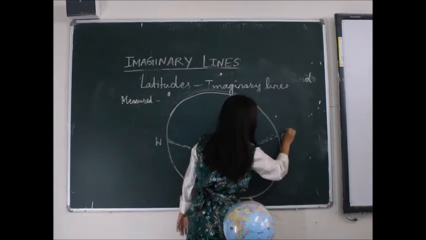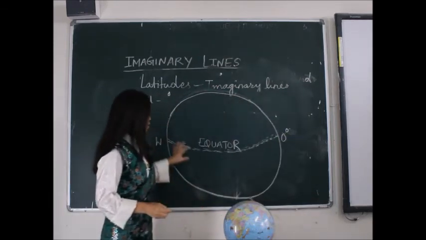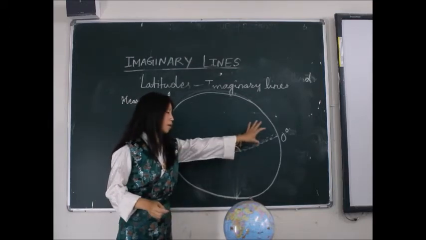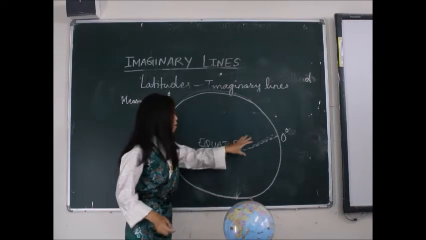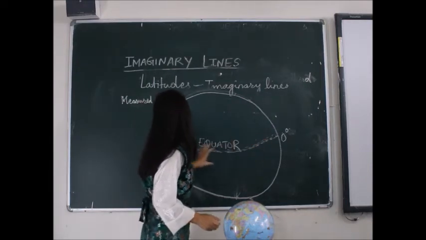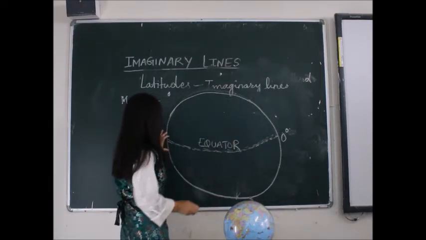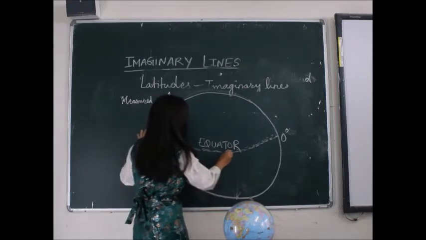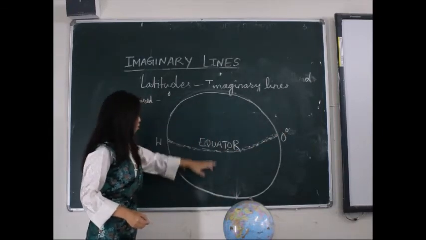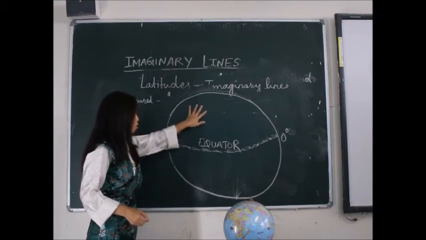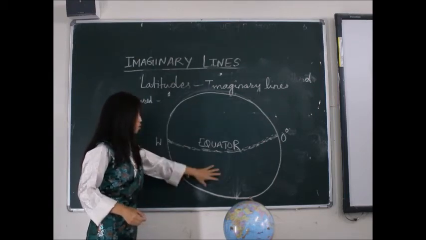The equator is the longest latitude, and it is the only latitude that divides the earth into two halves. This is one half, this is another half.